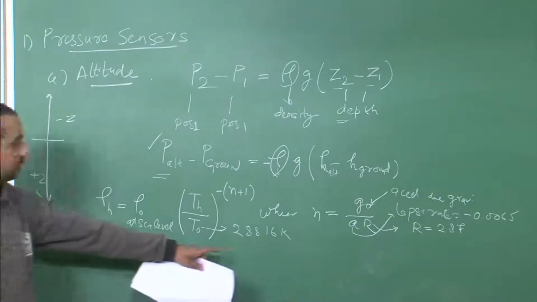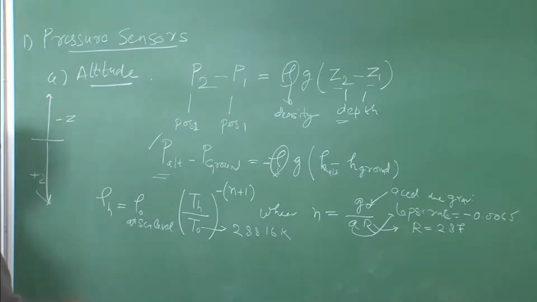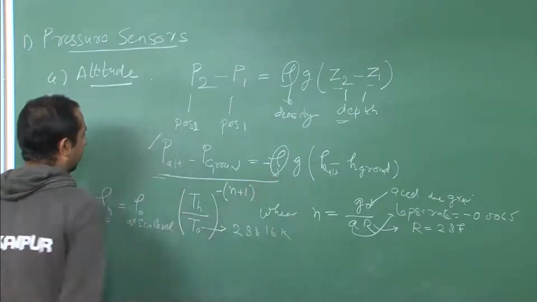Now using this approximation, you will get the exact value of density at that particular height, that you can substitute in this particular equation.